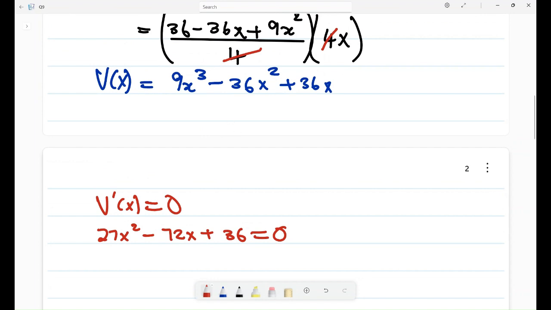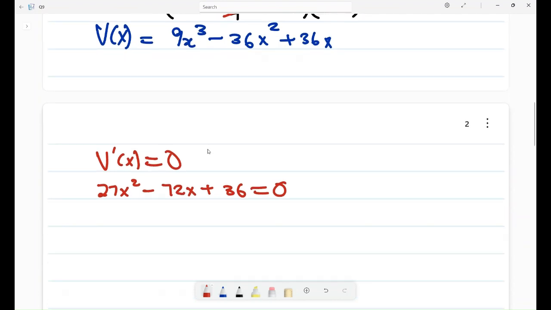Let's see here a little bit. Now you can divide by, I wanted to see a factor here. I think 9 suits very well. 9, no, this is 27.